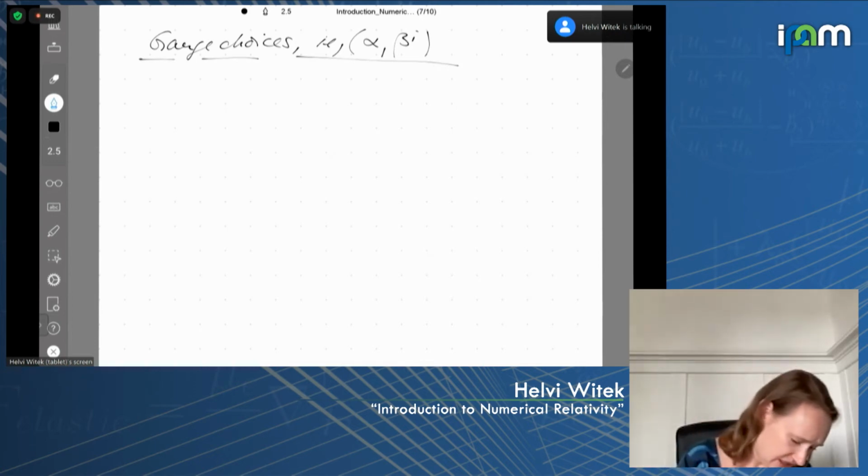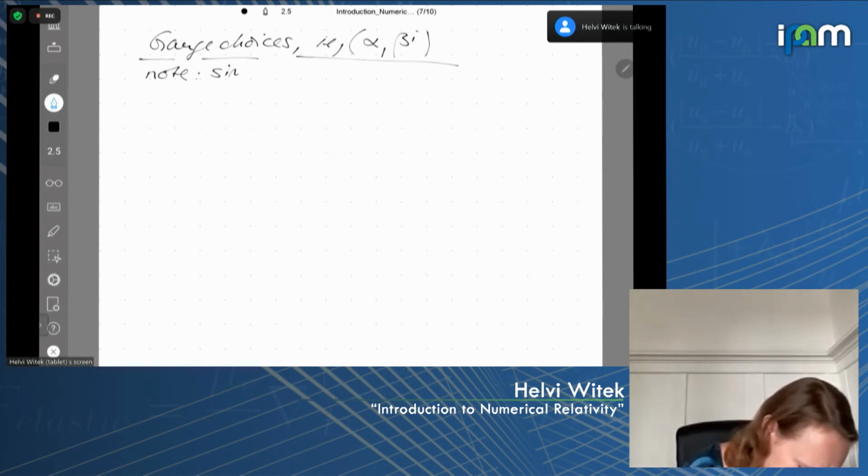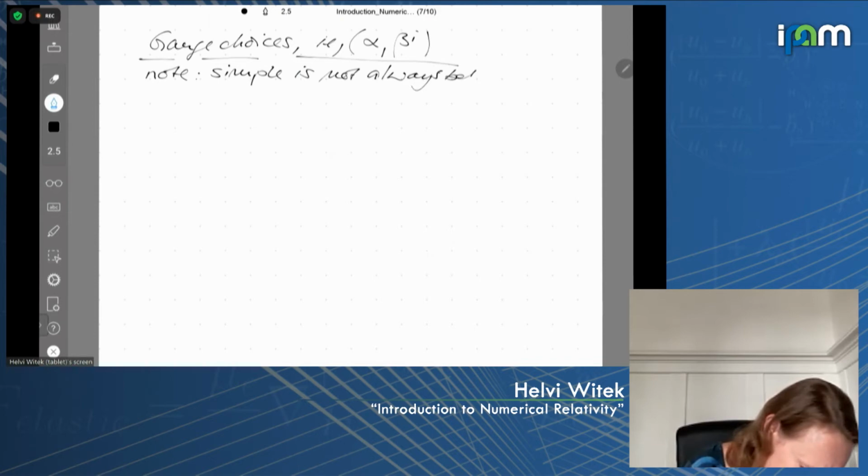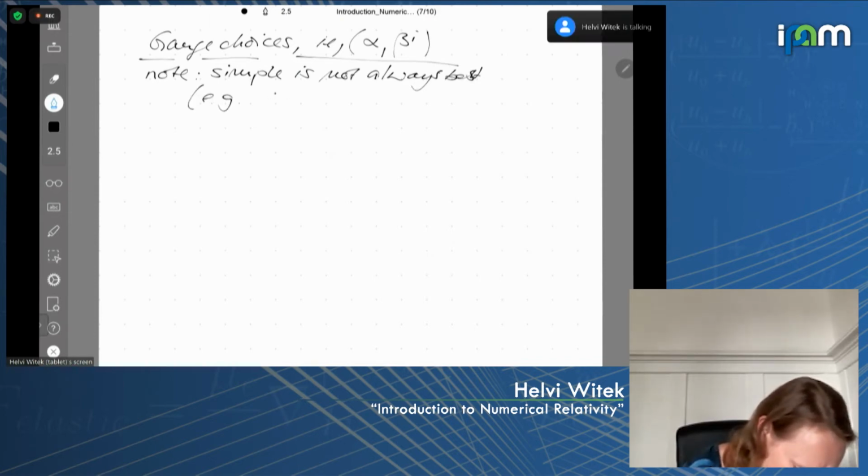Again, just as a warning, the simplest choice is not always the best. In particular, if you take what we call geodesic slicing, so we have the lapse being 1 and the shift being 0, we reach a black hole singularity in a finite time.